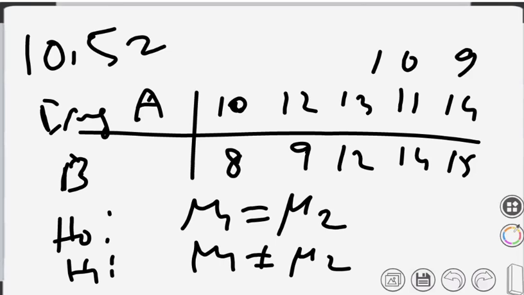But here there is only a small sample size, 7 and 5, and also the standard deviation is not known. So you have to calculate all this. Who can tell me what you have to calculate?